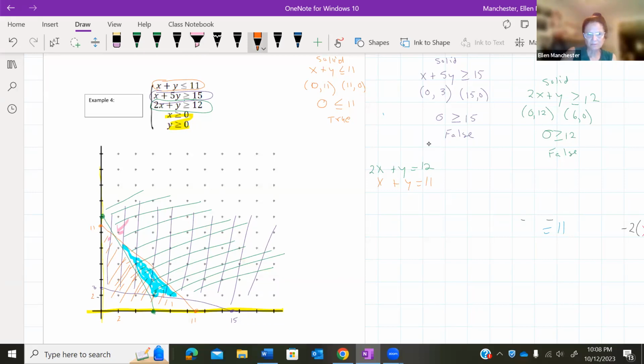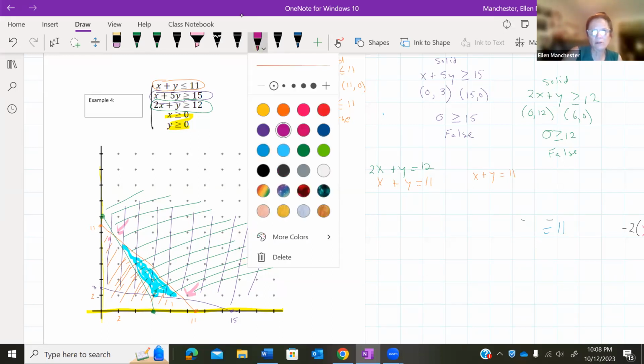That's this one. The next corner point is here. That is where the orange and the purple line cross. So the orange and the purple line cross.